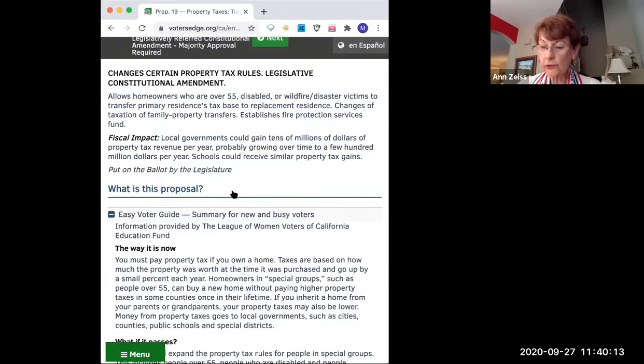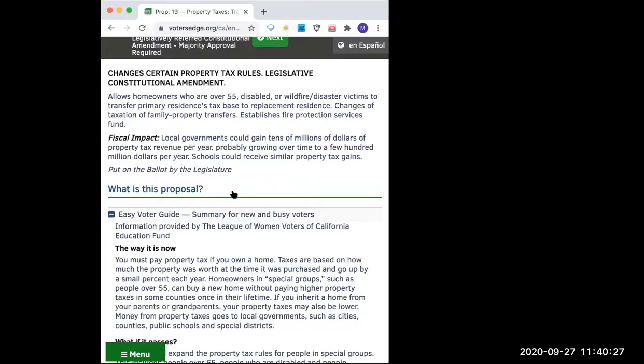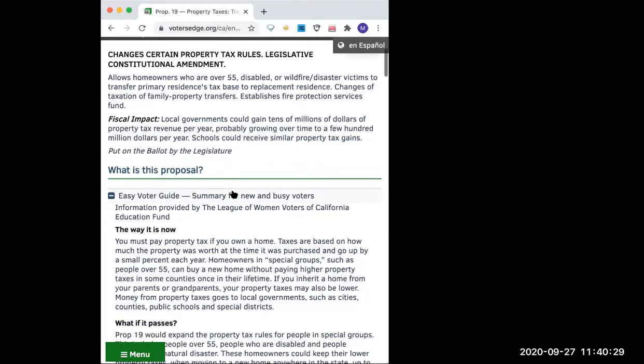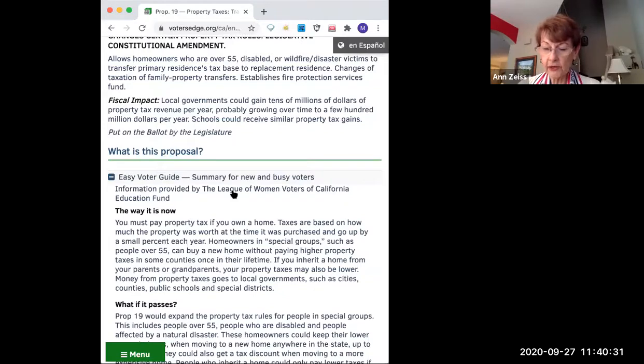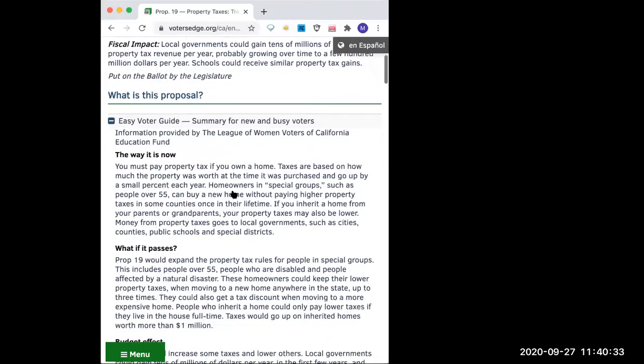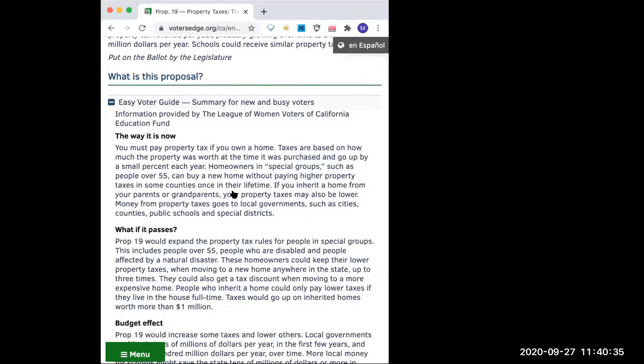This applies to homeowners over 55, to someone with a severe disability, or someone whose property has been destroyed or damaged by a natural disaster. It also applies to property inherited by adult children and between grandparents and grandchildren.